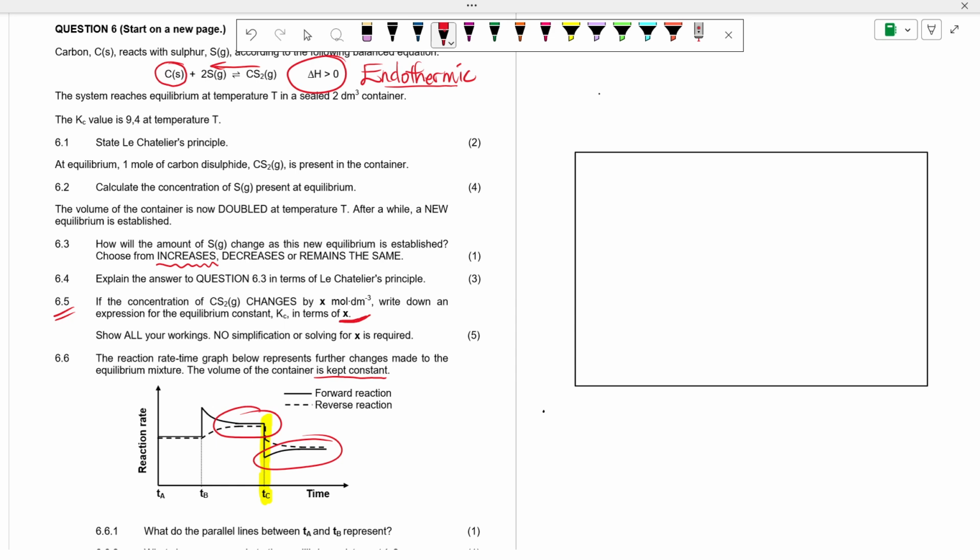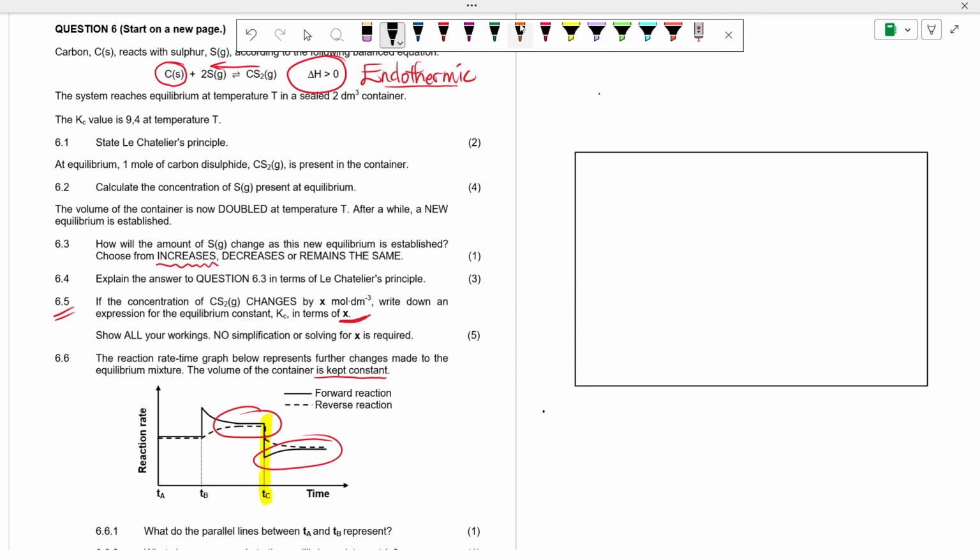Also, if it gave us the initial number of moles of the solid, or if they give us how much it changed, like if we used up maybe 2 grams, then we can use that to work out what amount of sulfur we actually used and what amount of CS2 we actually produced, stuff like that.